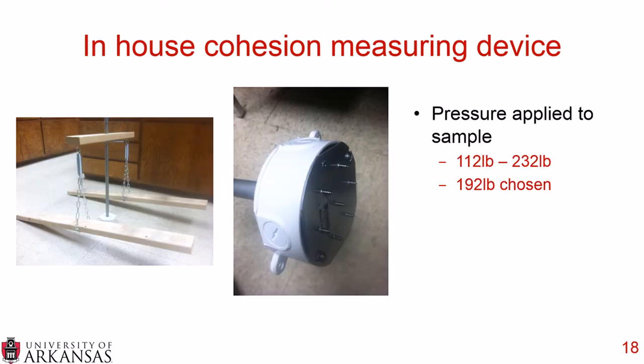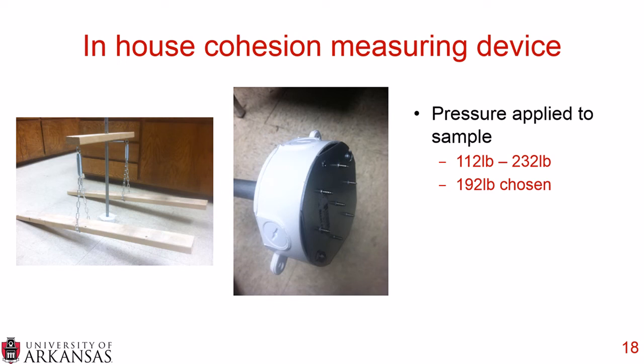In order to make a similar device for field use, you can see here what we did is we developed our own in-house cohesion measuring device. And in the picture on the right, you can see the screws at the base of the piece of equipment. Those dig into the surface, and what you do is you have 2 people stand on the 2x6s and you try and twist that in the pavement.